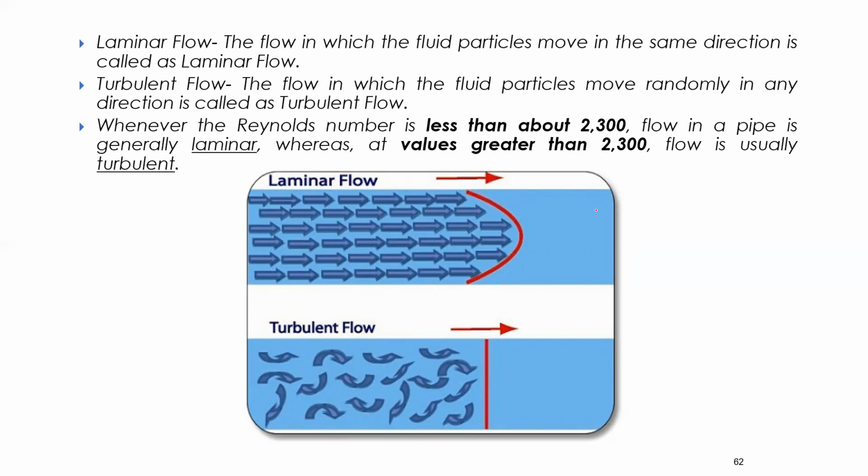Ang turbulent flow naman is the flow in which the fluid particles move randomly and in any direction. So, meron tayong figure to represent those definitions. So we have the laminar flow, this one, and turbulent flow, this one. Whenever the Reynolds number is less than 2,300, the flow in the pipe is generally laminar. Whereas for values greater than 2,300, the flow is usually turbulent.